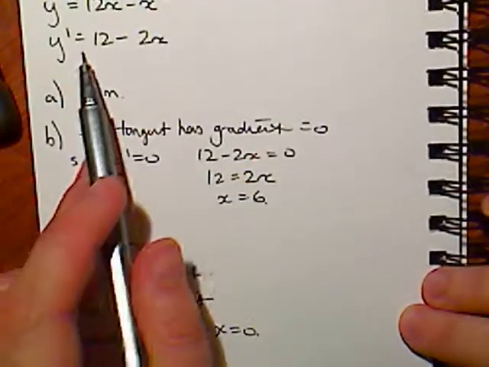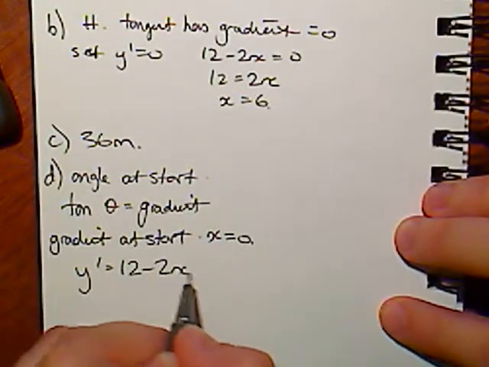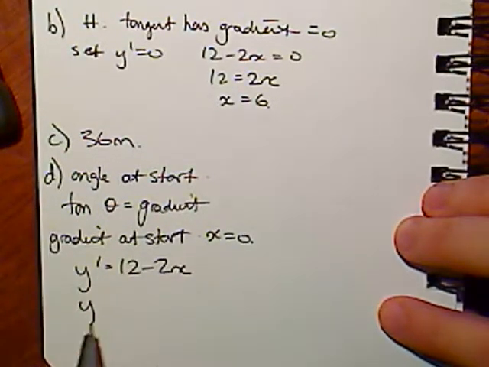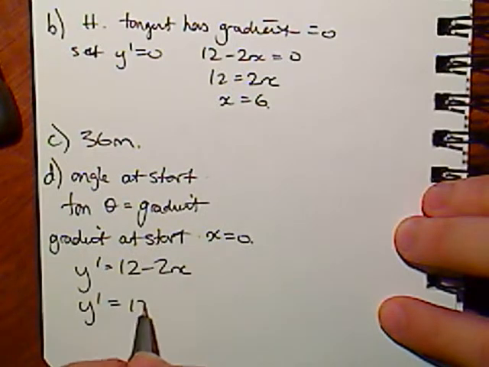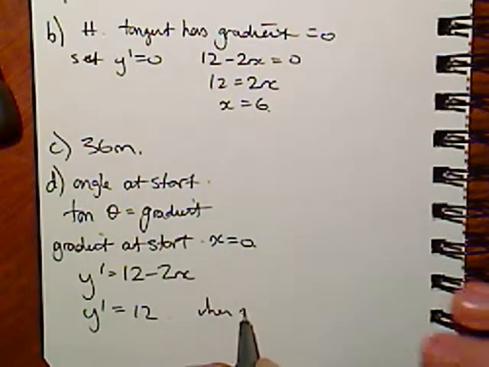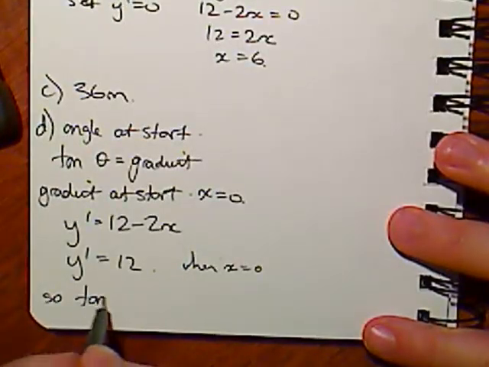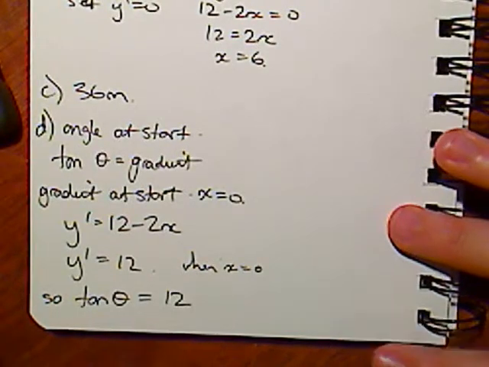Use my gradient function. When x is 0, y dash is 12. So tan theta is equal to 12.